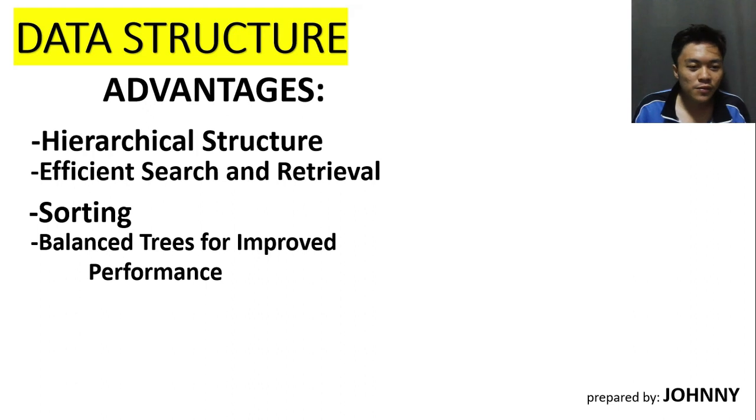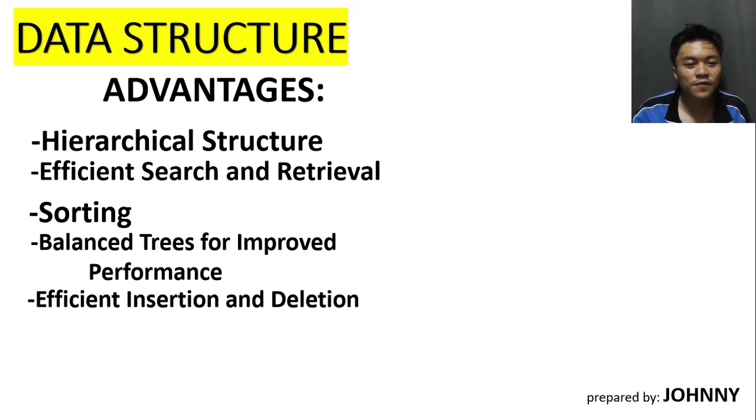Okay, and another one here we have deletion. Efficient insertion and deletion. While maintaining balance, some tree structures allow for efficient insertion and deletion operations. AVL trees and red-black trees, for example, keep the tree height balanced, ensuring that these operations have logarithmic time complexity.